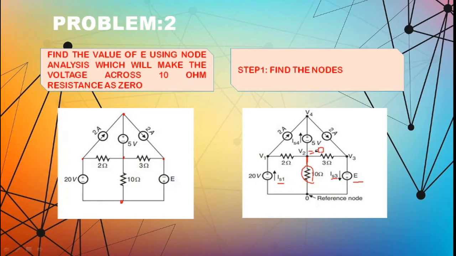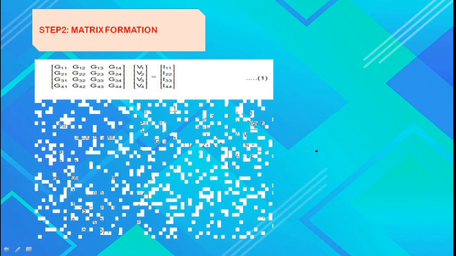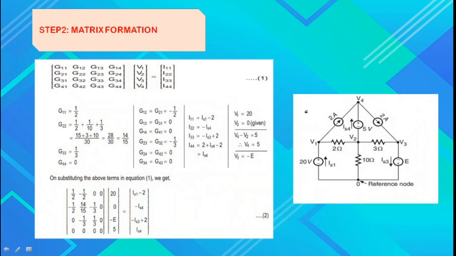So with this we proceed with the next step, that is matrix formation. Since I said we have 4 nodes, we will be having a 4 cross 4 matrix here, by using Ohm's law, that is I is equal to V by R. We have I matrix, V matrix, and instead of R we have G. What is G?